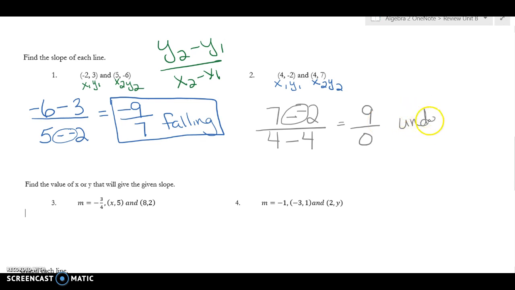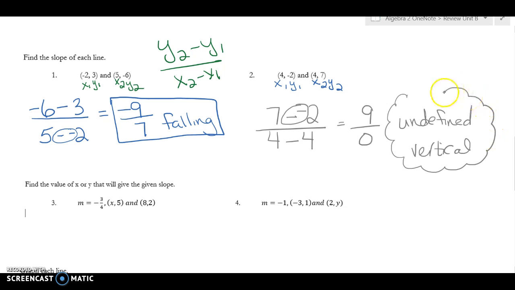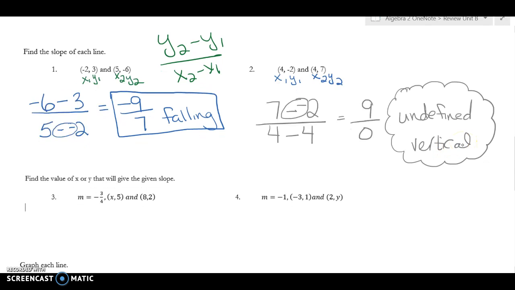This is undefined. This is a vertical line. One thing I didn't talk about above: when it's undefined, just think about vertical lines. You cannot physically walk up a vertical line. You are not Spider-Man. There's not a Spider-Man in this class. So vertical lines are undefined.